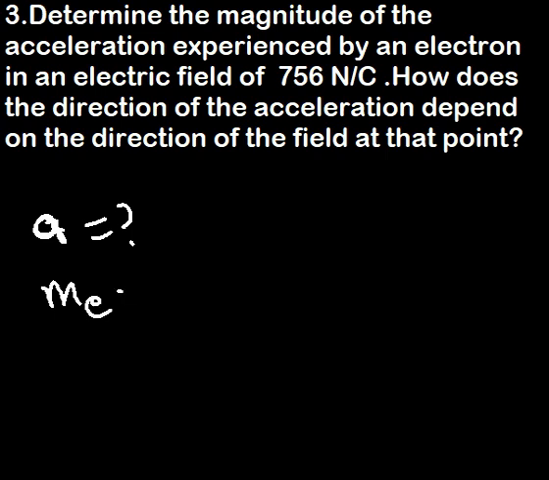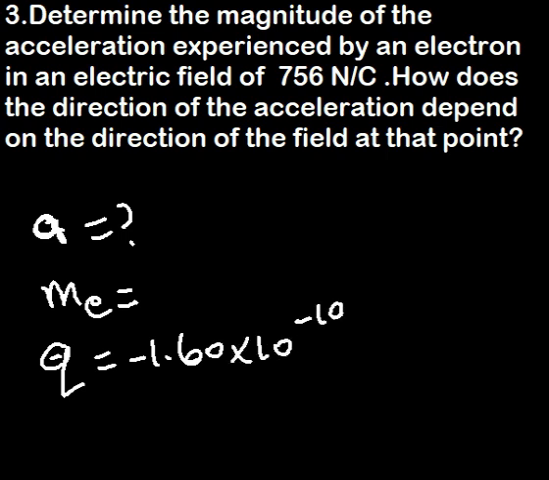We also need the charge of the electron, which is the negative charge. It's given as negative 1.60 times 10 to the power negative 19 coulomb. And we have been given the magnitude of the electric field, that is 756 newtons per coulomb.